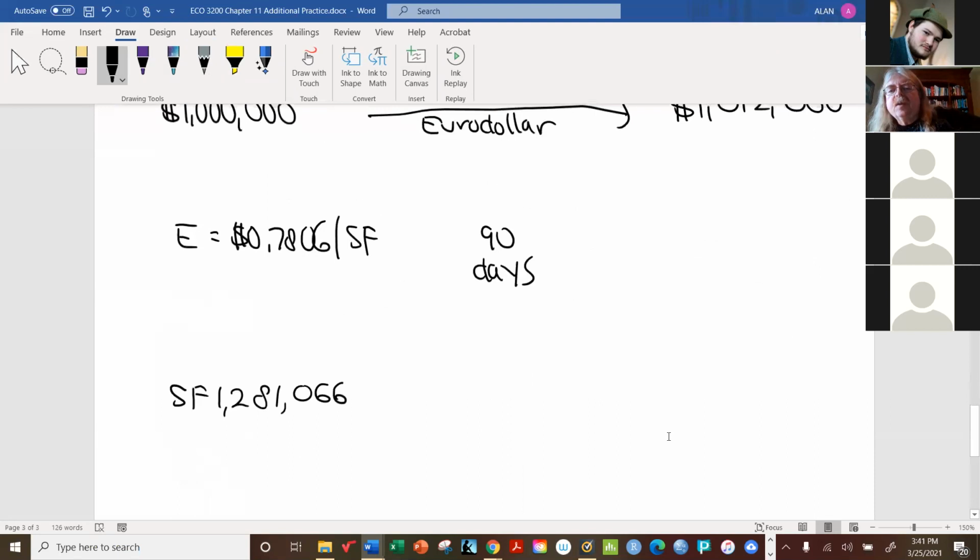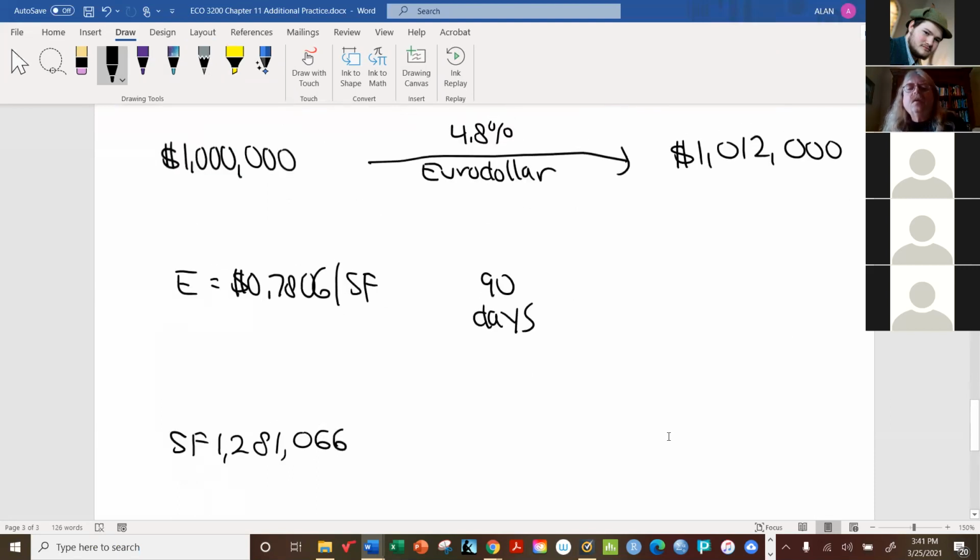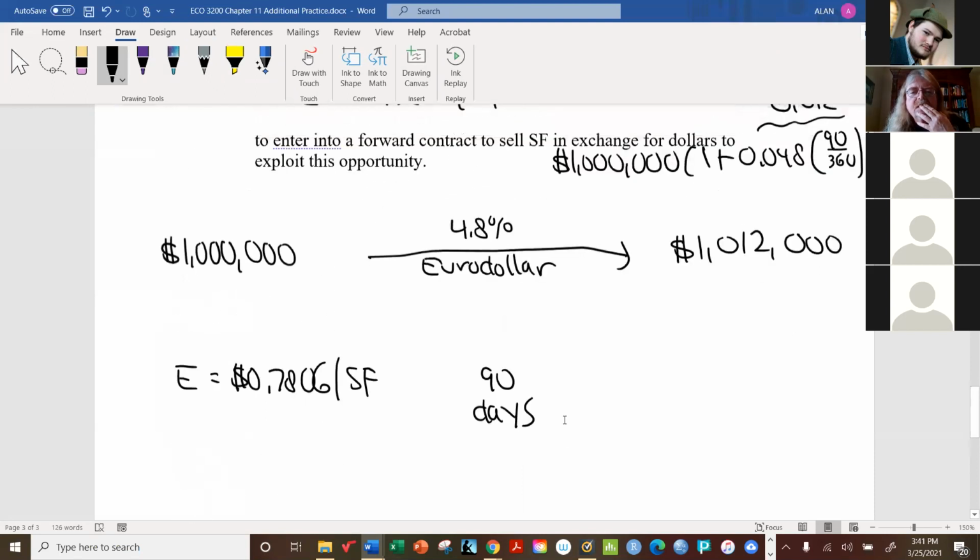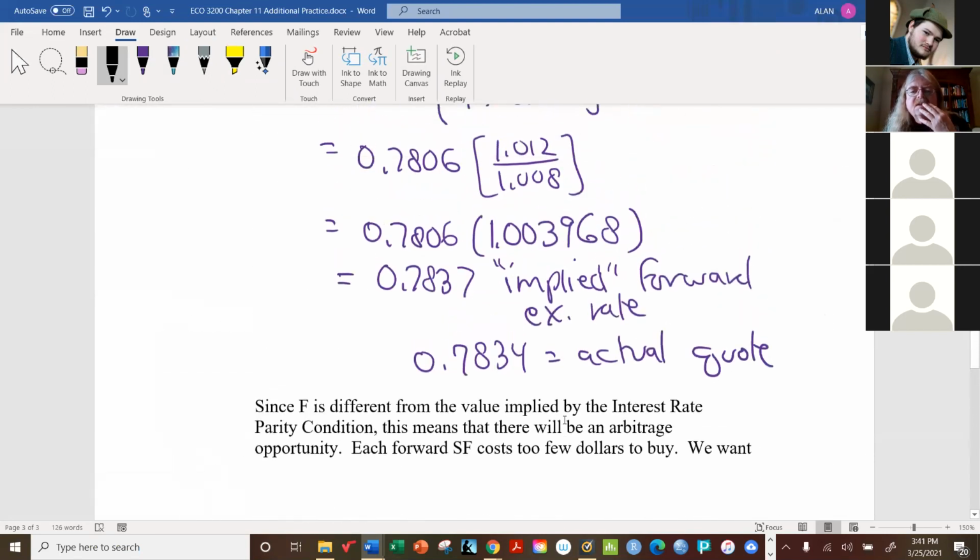Now, here's the interesting part. The forward exchange rate, the bad one that we're given, is 78.34.